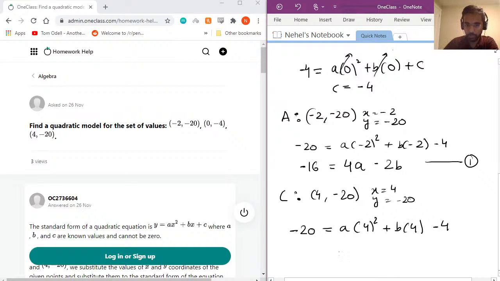So negative 4 again goes on the other side and we get negative 16 is equal to 16a plus 4b. So this becomes our second equation.